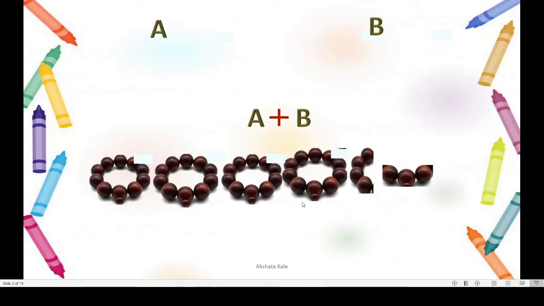Each string is of 10 beads. You know that a bundle of 10 is called a ten. This is 1 ten, 2 tens, 3 tens and 4 tens.